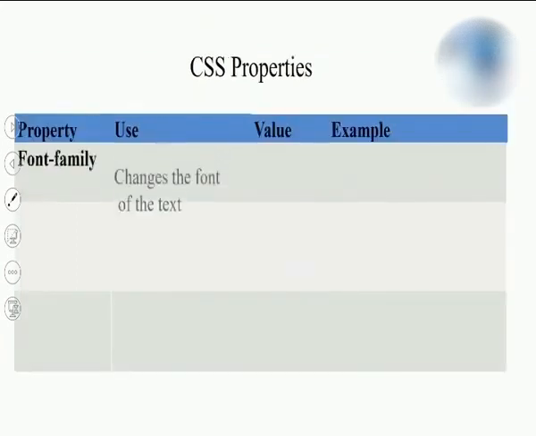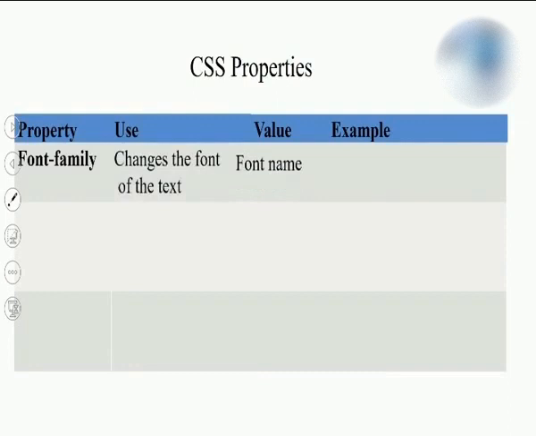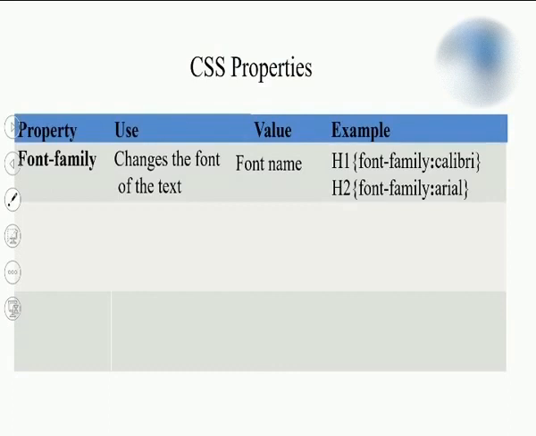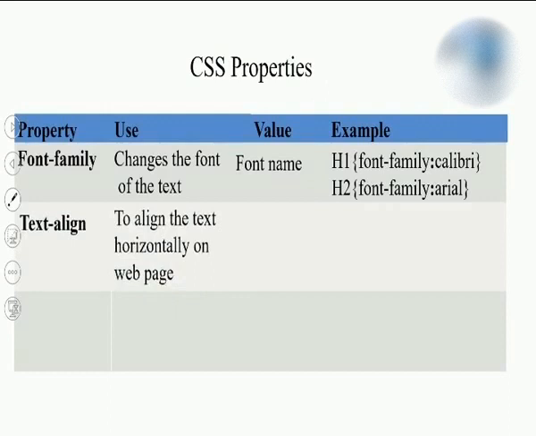Students, let us see a few more properties, that is font family. If you want a particular font like Calibri, Arial, Times New Roman, whichever you want, you can specify that by using font-family. If you want to align the text horizontally on your web page, you can use the values left, right, center, and justify for the text-align property.